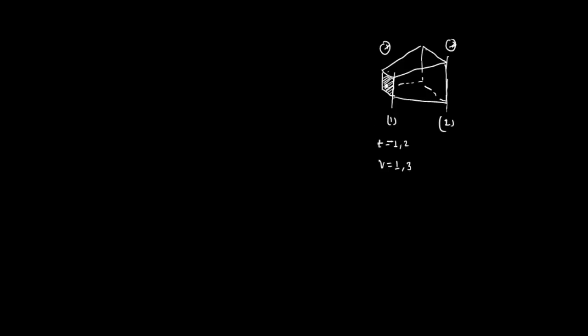Now let's suppose at station 2, at t equals 1, the velocity was 0.5, and at t equals 2, the velocity is, let's say, 2. So at station 2 we are also talking about local acceleration.